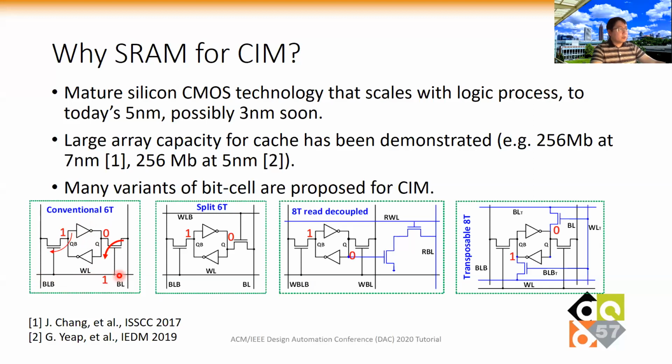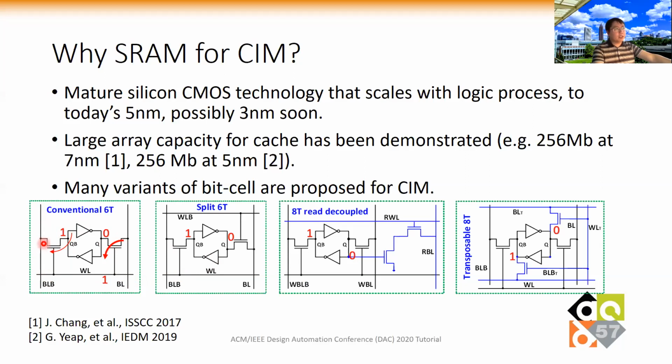We will have current flowing through the right-hand side passgate transistor in this case, because the bit line will be pre-charged to VDD, and there will be a discharge current through the right-hand side passgate transistor, while the left-hand side will have very minimal current discharge if the bit line bar is also pre-charged. So we get the large current from the bit line and the small current from the bit line bar. And this is just for one bit cell.